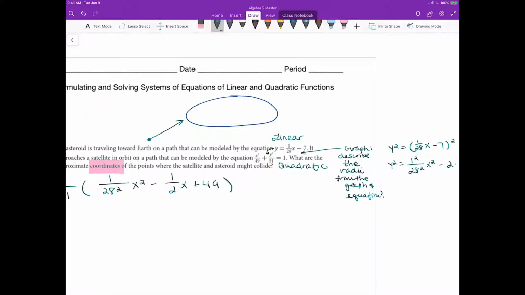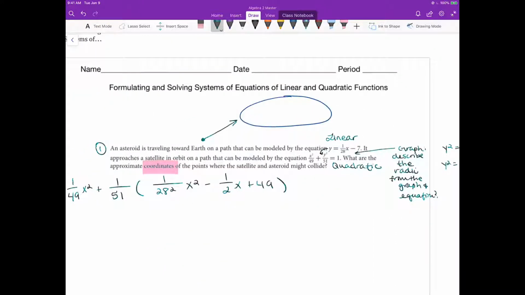And another question you can ask yourself, answer in your journals, is, well, what are the in-between steps to simplify?